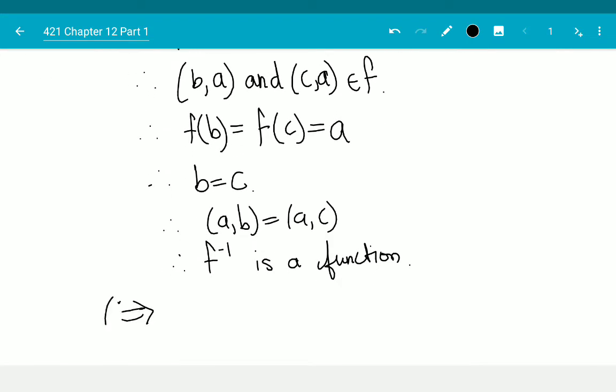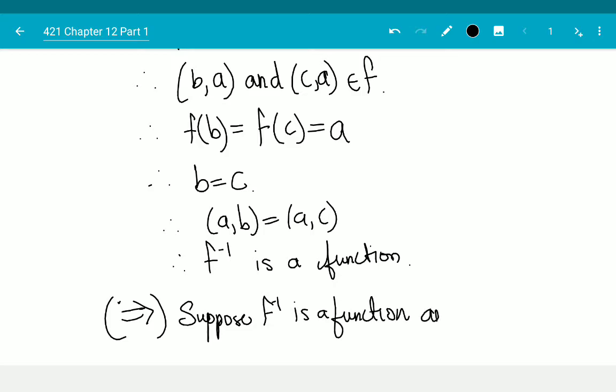Now suppose f inverse is a function. I want to show f is injective. Suppose f inverse is a function and f of b is equal to f of c.